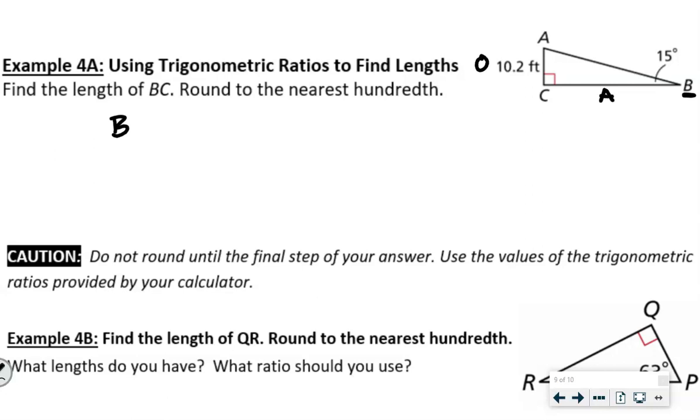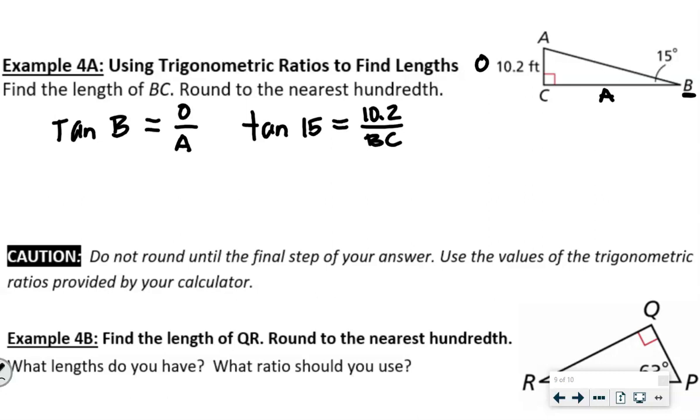Isn't that tangent? So what we want to find is the tangent of angle B, and that should be equal to our opposite over our adjacent, right? Okay? So what we're going to say is the tangent of the 15 degrees is going to be equal to the 10.2 over our length, which is BC that we're looking for, okay?